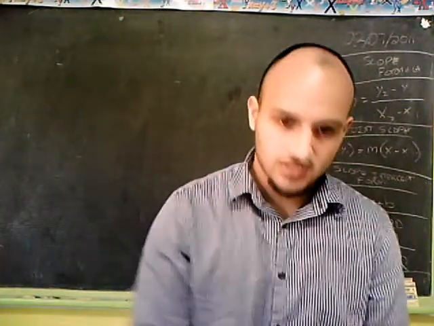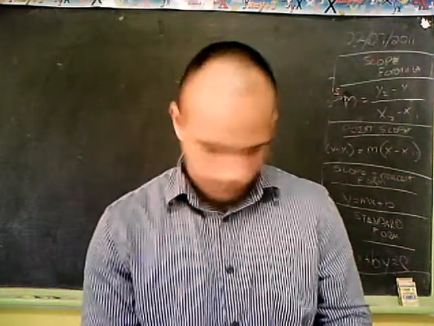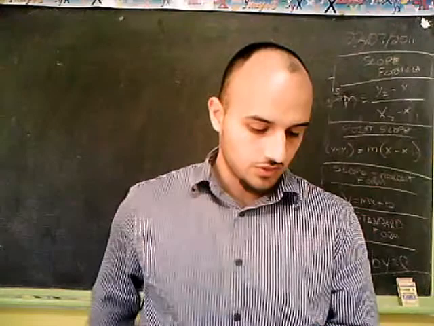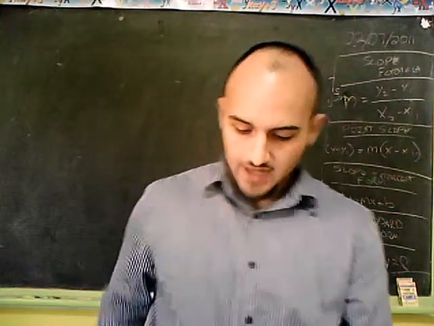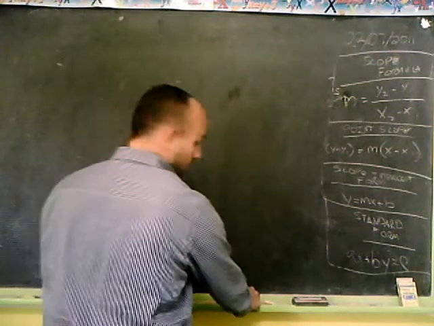Okay, on page 263, we begin with example 1, asking if negative 1 comma 2 is a solution to the equation y equals 2x plus 3. Please write that down as example 1 in your notes.